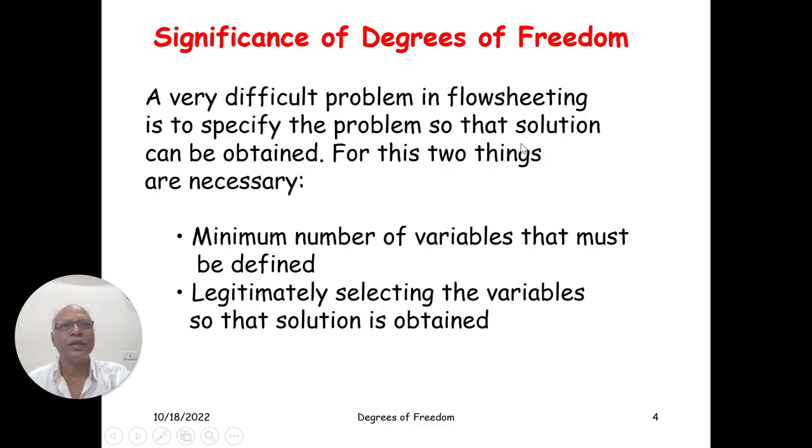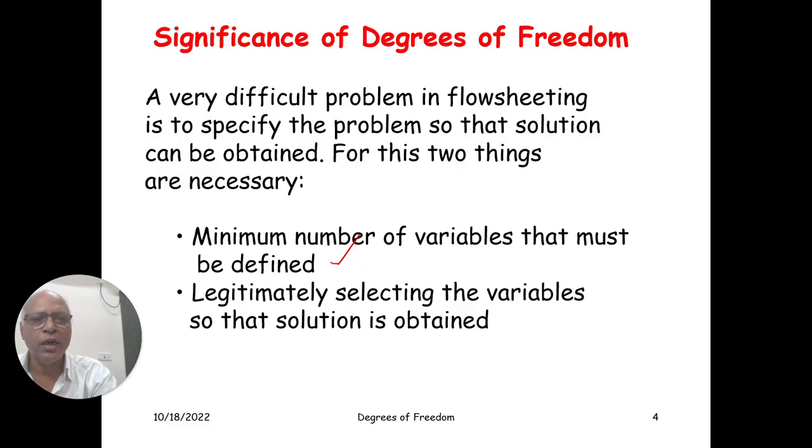In fact, here there are two things: the minimum number of variables that must be defined. Of course, this can be known from the degrees of freedom analysis, whereas just because you are satisfying the minimum number, it may not be possible sometimes to get to a solution. I would like to give you a simple example.